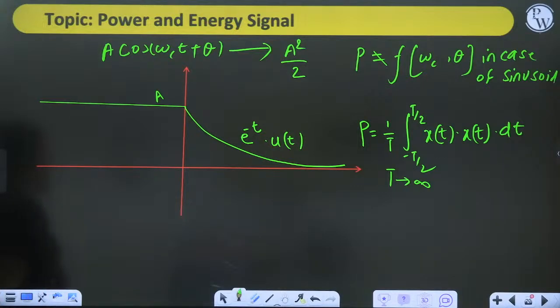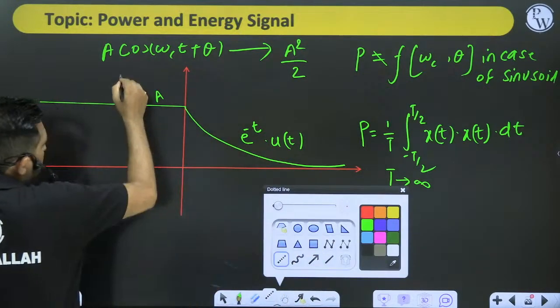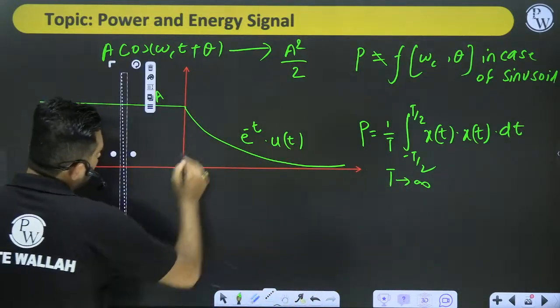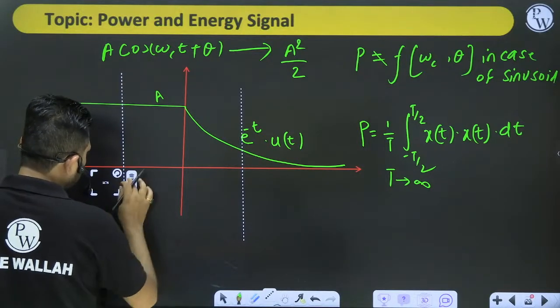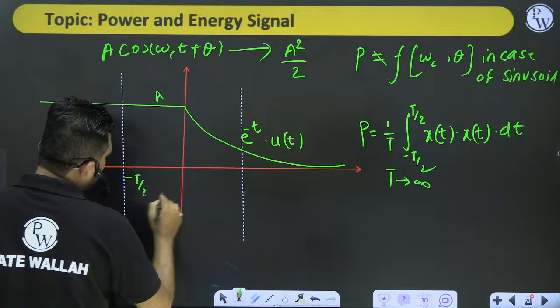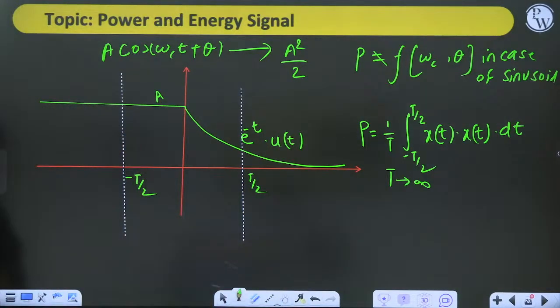Simple. So what I am doing is first restricting over, let's say, from minus T by 2 to T by 2.